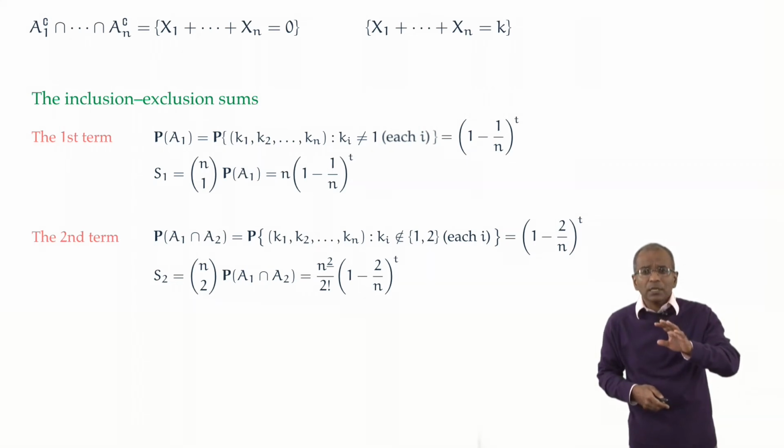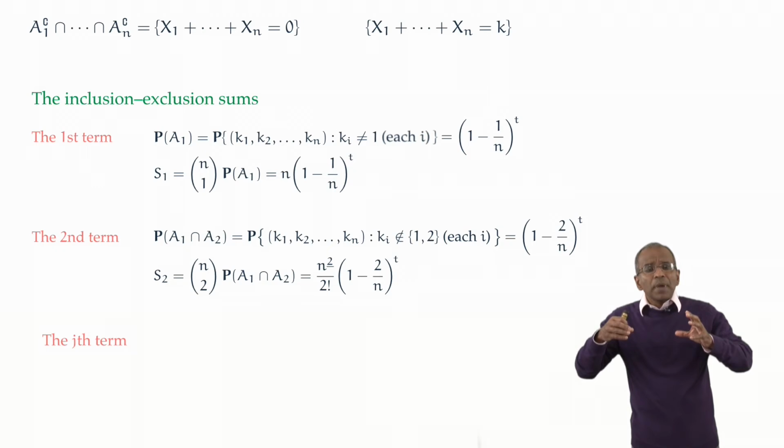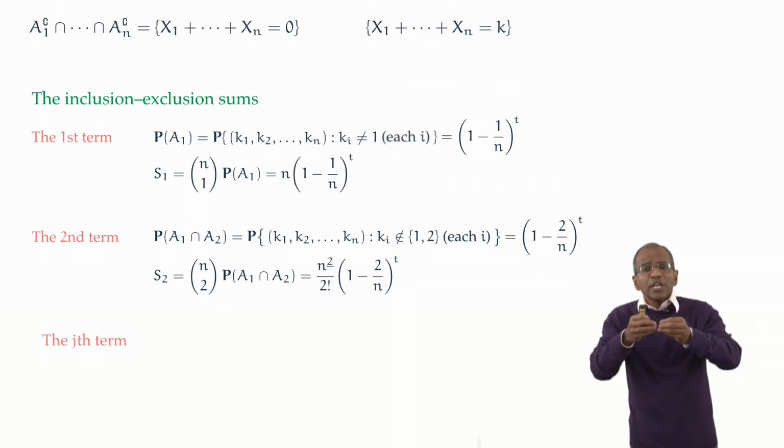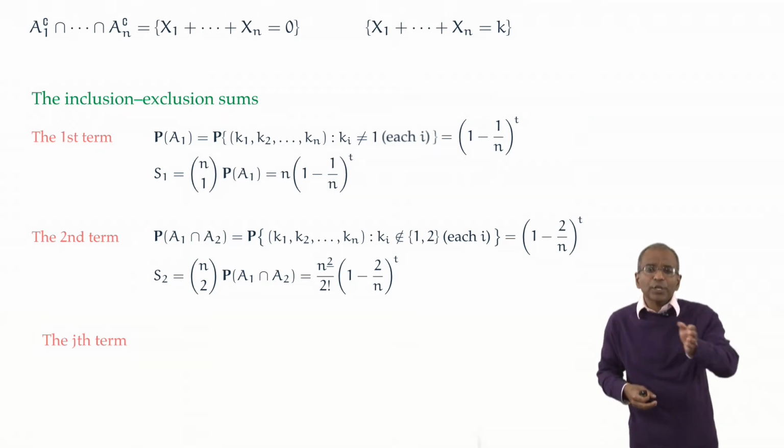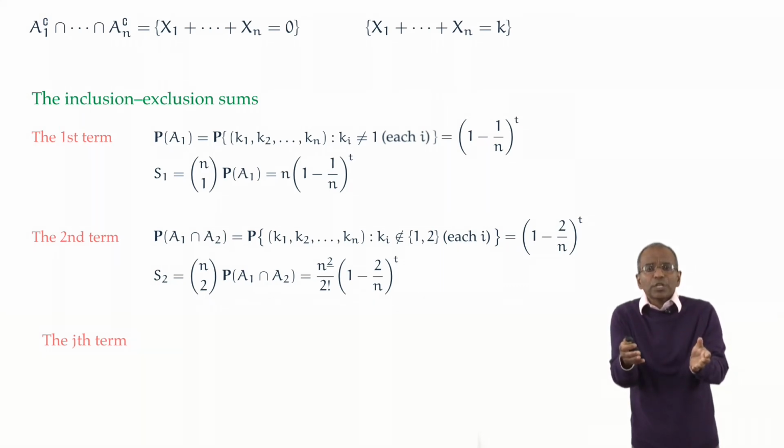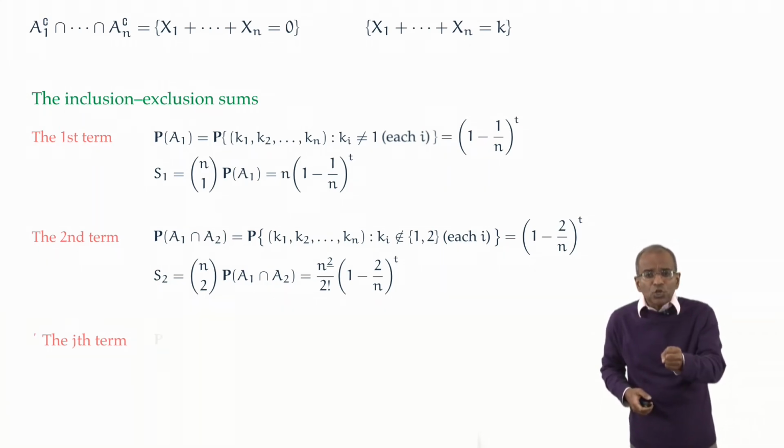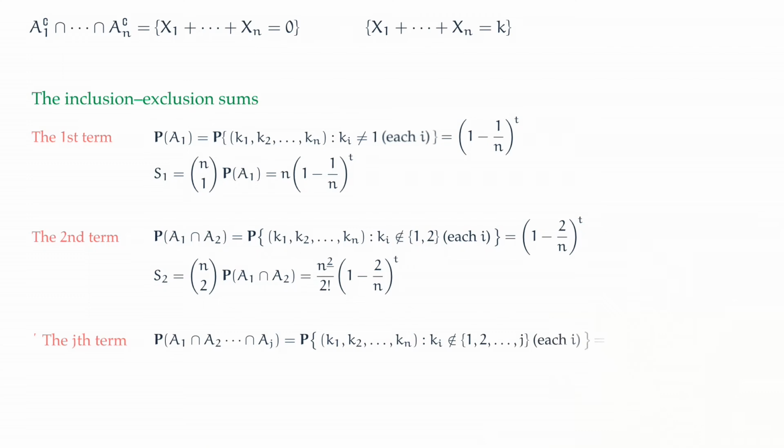And now we're all set. What is the jth term? Pick any j coupons, for definiteness, the first j coupons. What is the chance that in t purchases, none of the first j coupons are acquired? And now we know exactly how this is going to go. The chance that on a given trial, none of those first j coupons is acquired is 1 minus j over n.